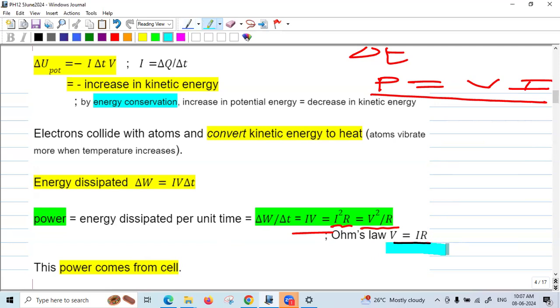Ohm's law says V equal to I into R. This is for resistance. So I have this relation for power, which is V into I. So in that, if I eliminate V as I into R, I'll get this relation I square R. And if I eliminate the current by putting current I as V by R, I'll get power as V square by R. Okay.